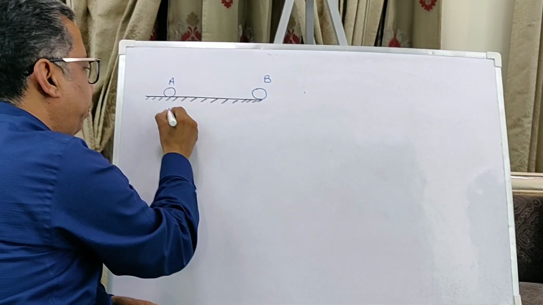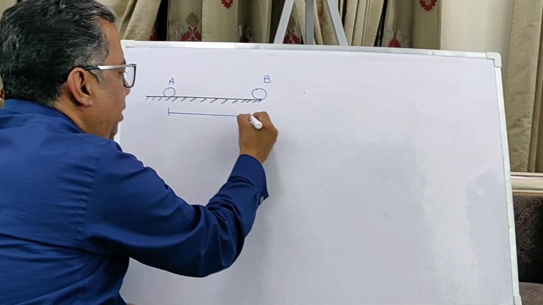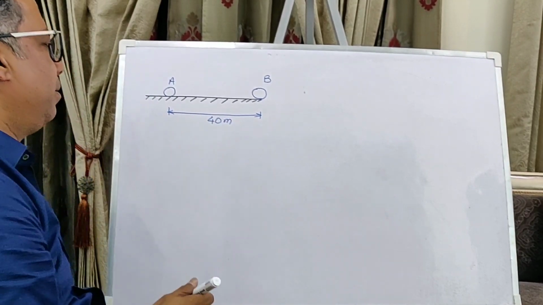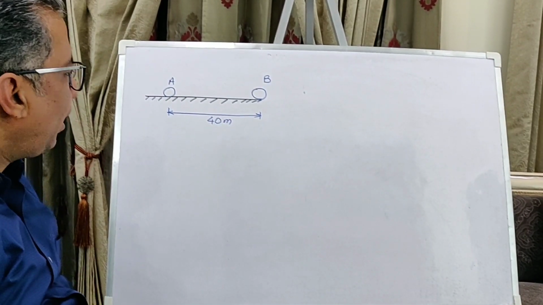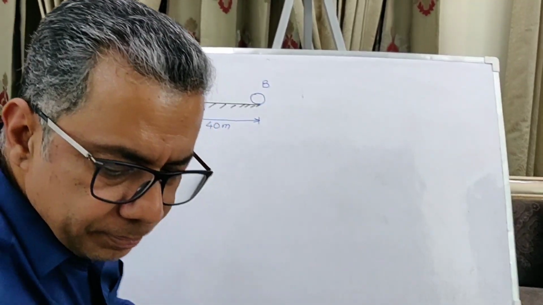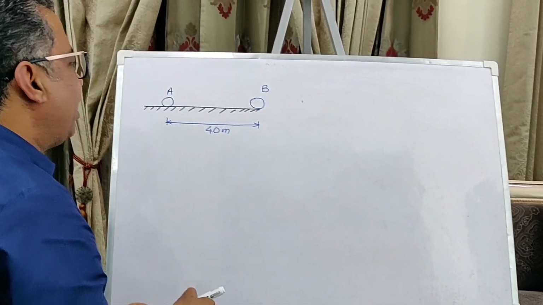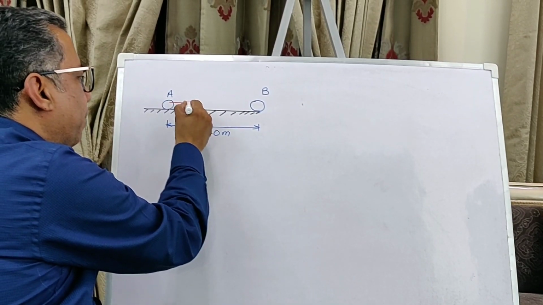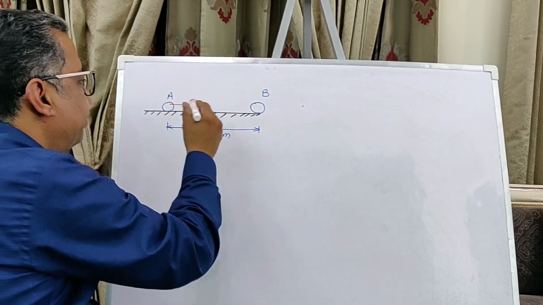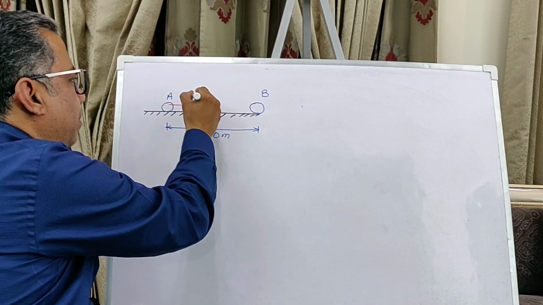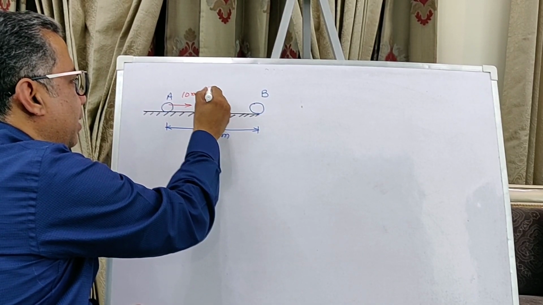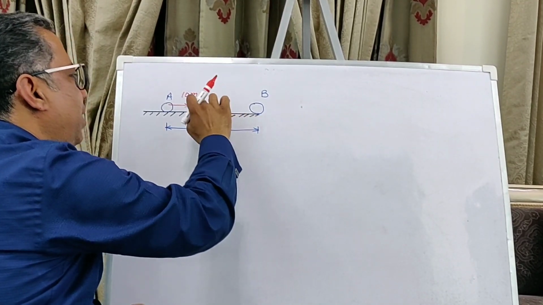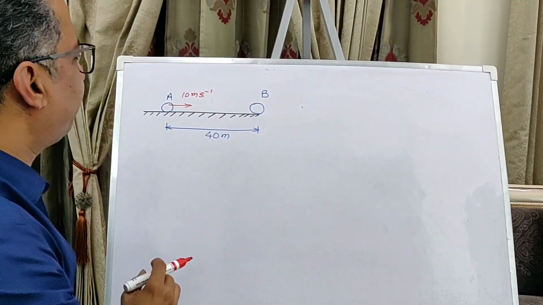This is B. The distance between A and B is 40 meter. Initially, A is moving towards B with a speed of 10 meter per second.